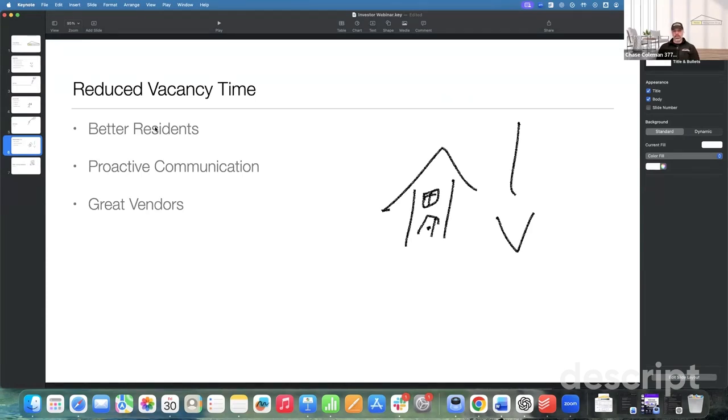So we miss out on those when you overprice it. Even as little as 15 days of vacancy could far outweigh the extra $50, $100 that you're trying to get on the rental price. So it's very important to get that right out of the gates because it's obviously going to reduce the vacancy.